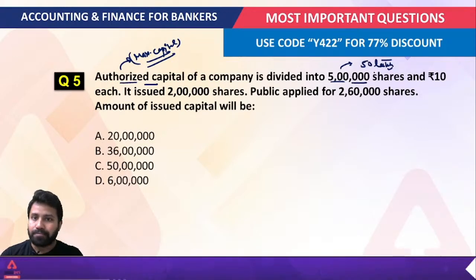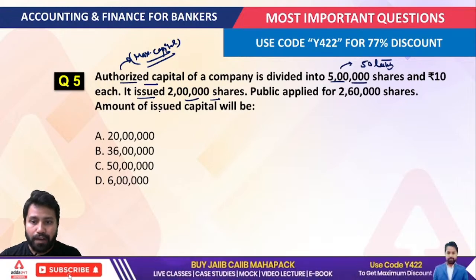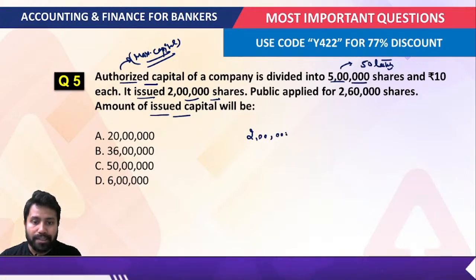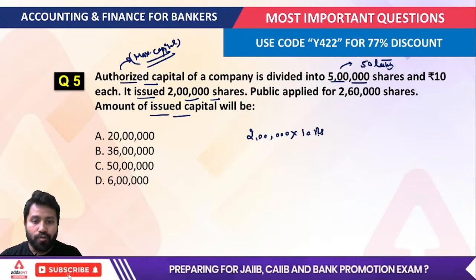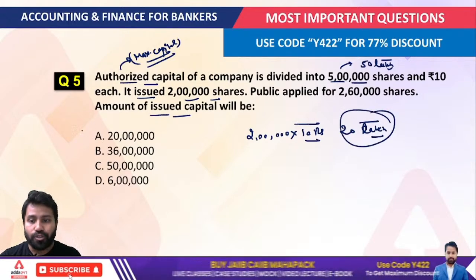Now, it issues 2 lakh shares, so the issued capital equals 2 lakh multiplied by 10, which becomes 20 lakh rupees. That would be your issued capital.